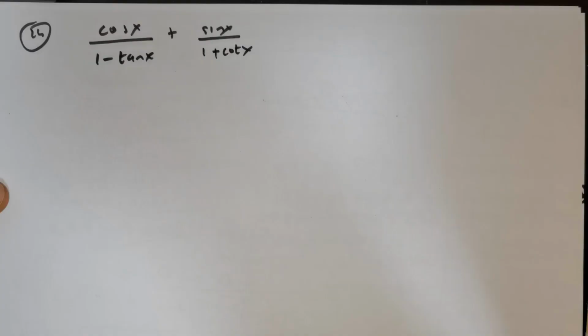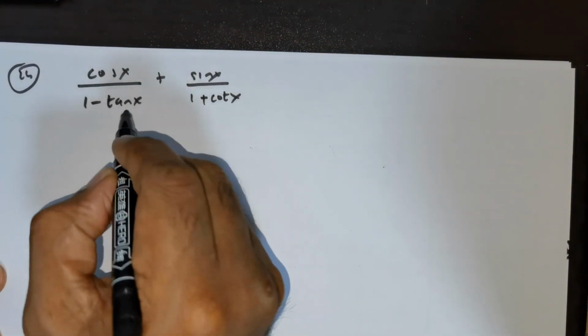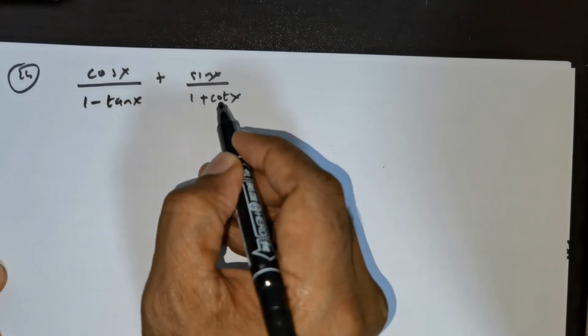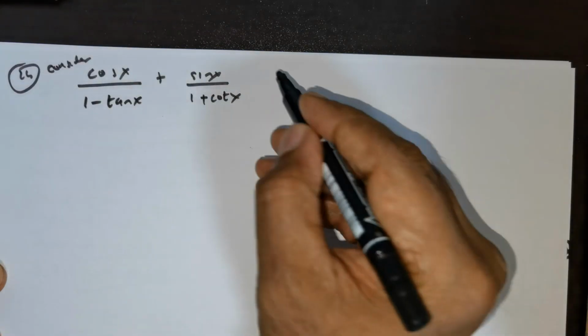We'll move on to 24. So this is question number 24. We've been given cos x over 1 minus tan x plus sin x over 1 plus cot x. So let us consider this.